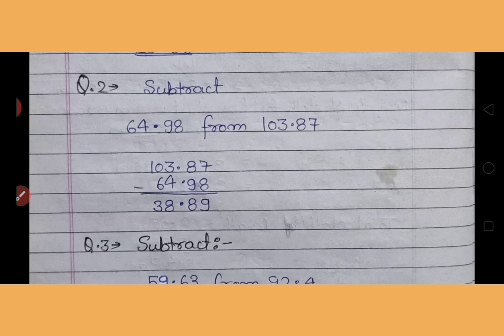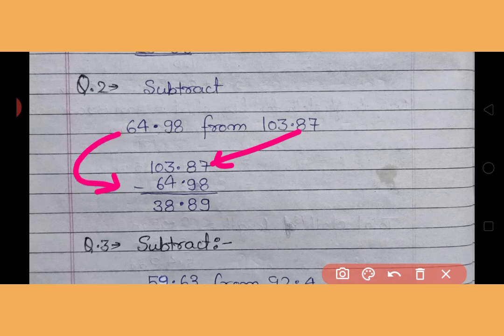Now in the next question, it has given: subtract 64.98 from 103.87. So 103.87 will be the first term as I have written here, and 64.98 will be the second term. So 0.87 is less than 0.98, so it will take 1, so it became 187.